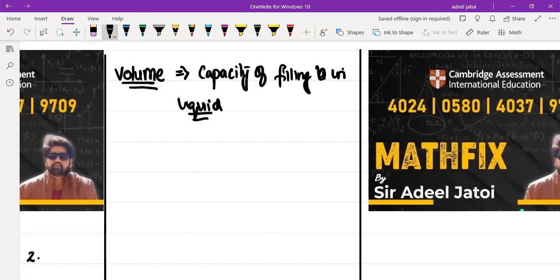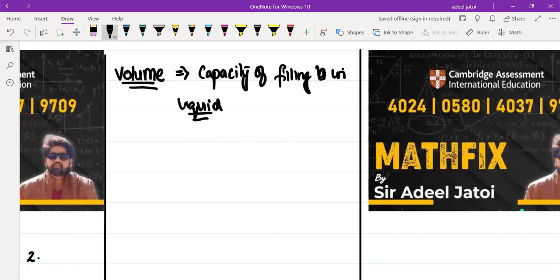Like for suppose water tanks, they're part of the cylindrical shape. So it contains the water in it. So how much volume does the water tank have?